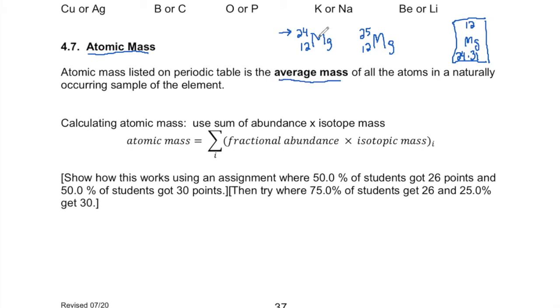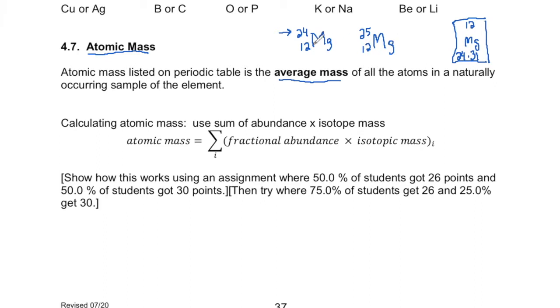Of all the samples of magnesium that scientists have taken, the average mass of magnesium in those samples is 24.31 AMU, atomic mass units. So we can calculate atomic mass using these different isotopes, but it's not realistic to add up every single atom of magnesium 24 and every single atom of magnesium 25 and then count how many we've added and then divide by that number.